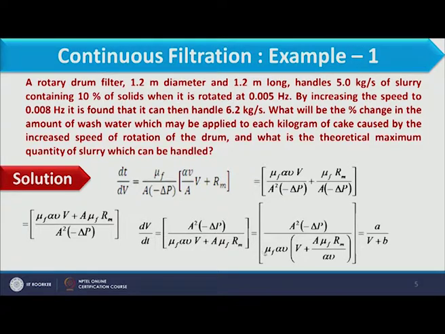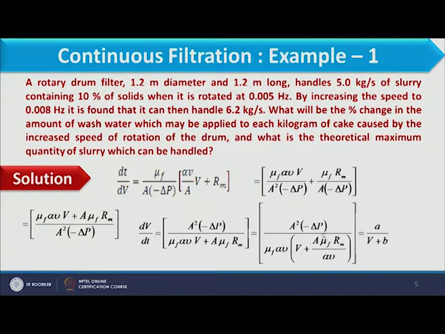What we have done here is take out a square delta p divided by alpha mu f V, so in the bracket we have V plus a mu f Rm by alpha V. If we consider this expression, all the parameters in it are constant, which we denote as a.